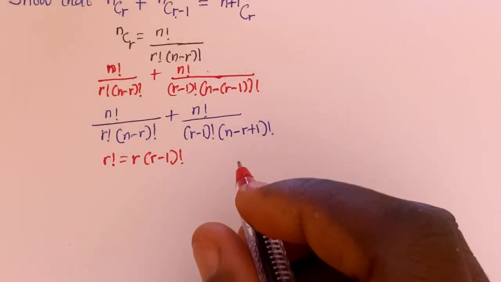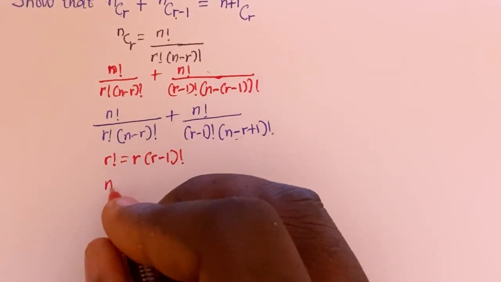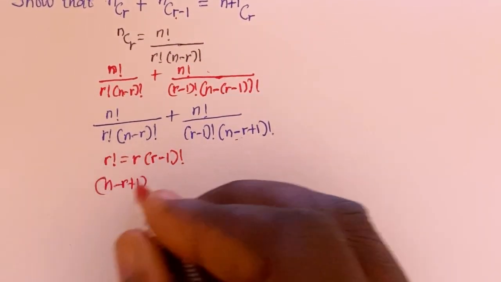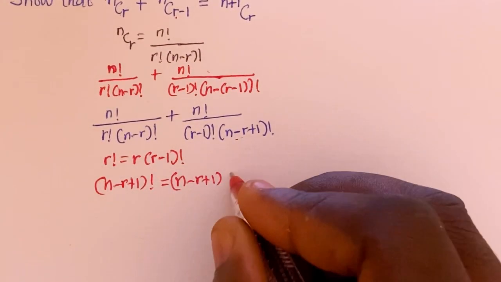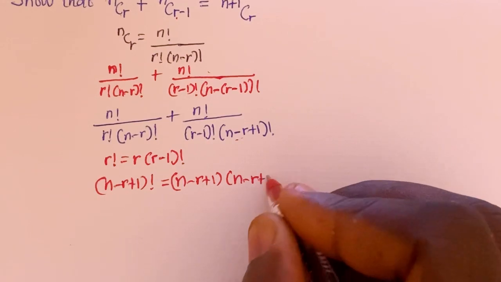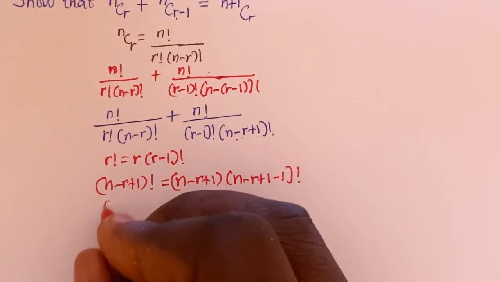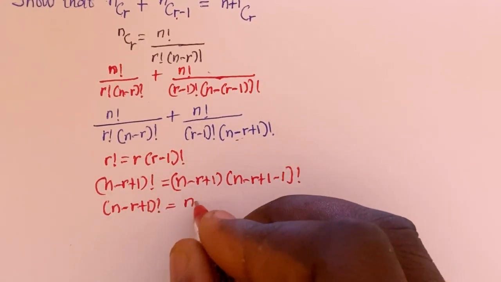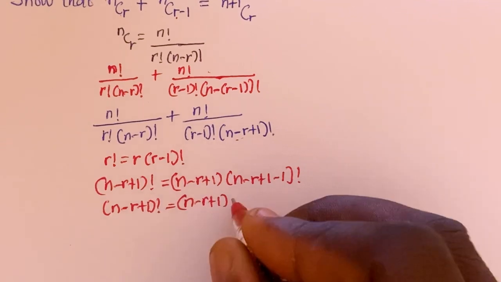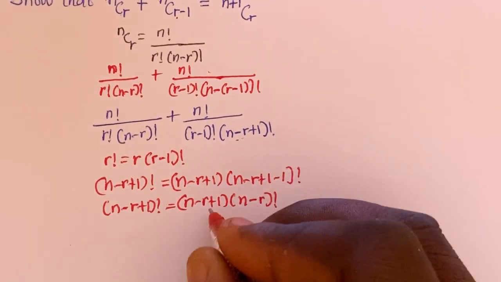Then whenever I have n minus r plus 1 factorial, it's just as writing n minus r plus 1 into n minus r plus 1 minus 1 factorial. If I simplify this further, n minus r plus 1 factorial equals n minus r plus 1 into bracket n minus r factorial, since plus 1 will cancel minus 1. So I'm having it to be this.